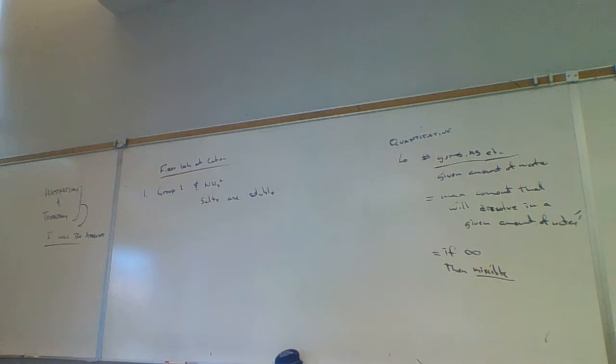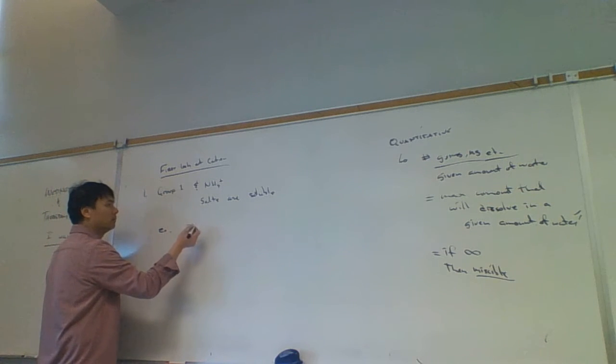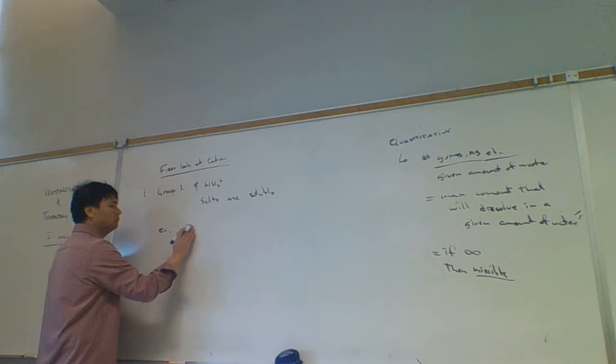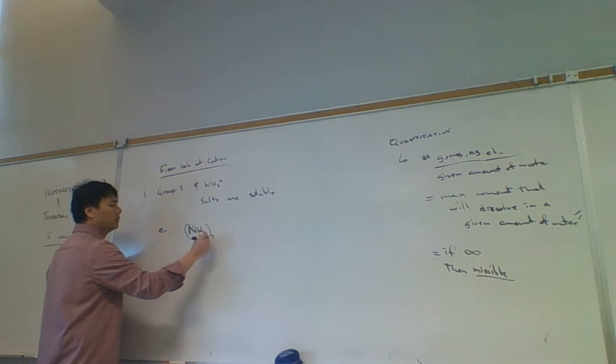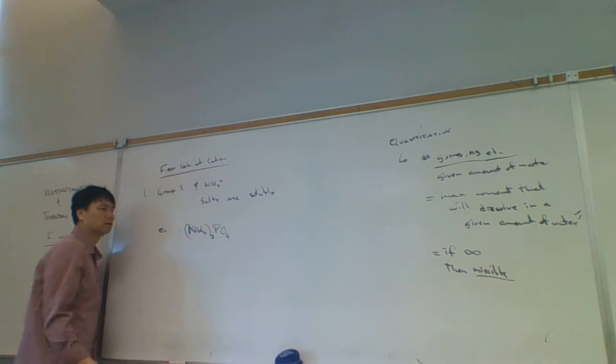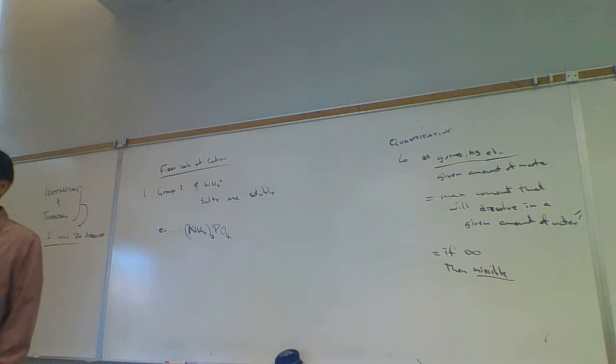And so let's look at some examples here. An example would be, how about this one? Ammonium, what's this one called? This one's called ammonium or triammonium phosphate. Which one? Triammonium or ammonium?